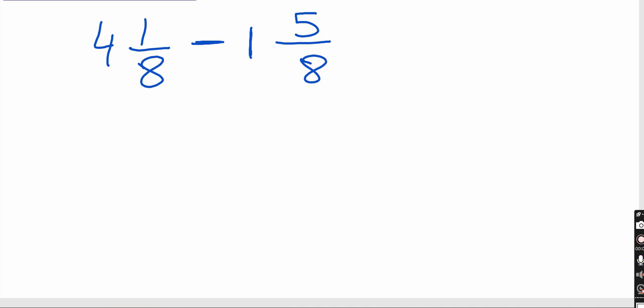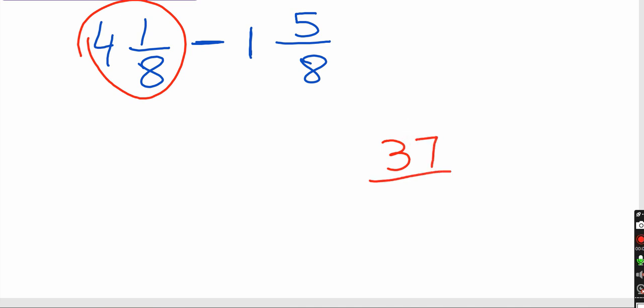How will we do it? We will convert them into improper fractions. What is an improper fraction? An improper fraction actually has a whole number mixed in it. If I say 37 divided by 20, here the denominator is smaller. This means that a whole number is mixed in it.